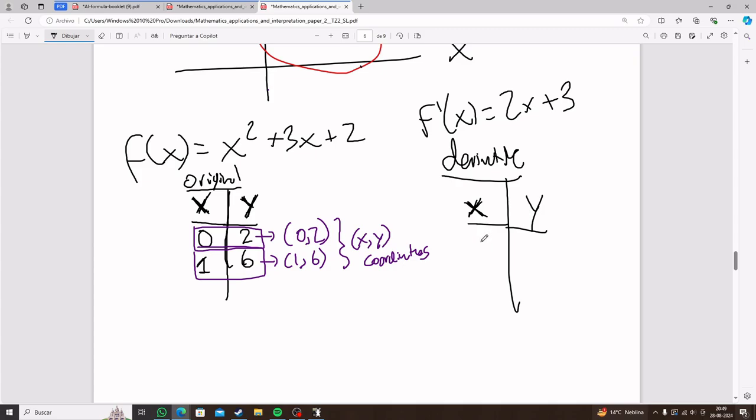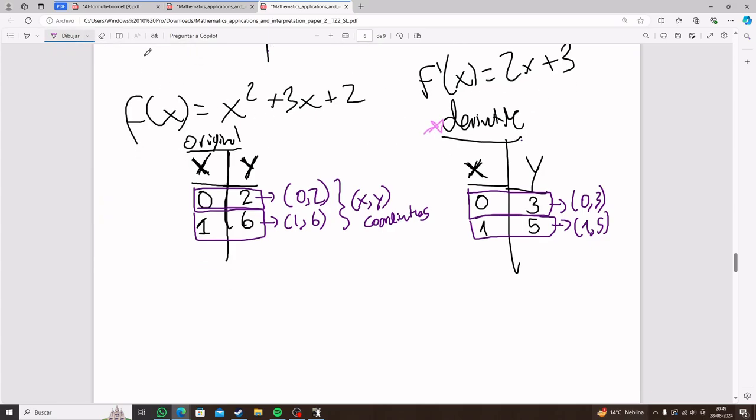For example, if you plug in an x of 0 here, your y ends up as 3. If you plug in an x of 1, your y ends up as 5. And this is actually a little bit different, see? Because although you can also say that this is also an xy coordinate, ¿cierto? Like, I just found the point 0,3, I just found the point 1,5, but the context is different because the context is that of a derivative.